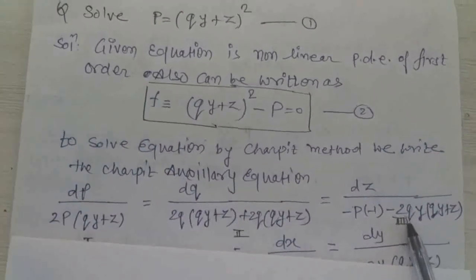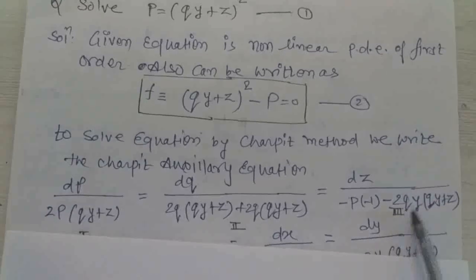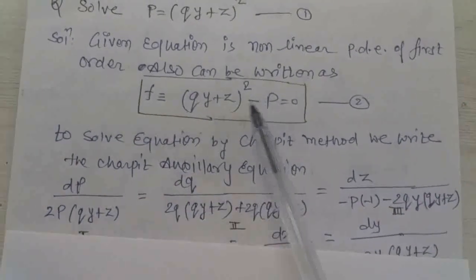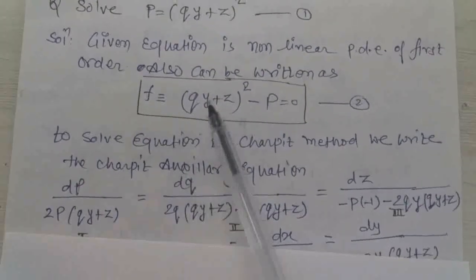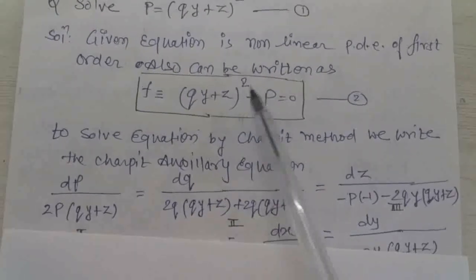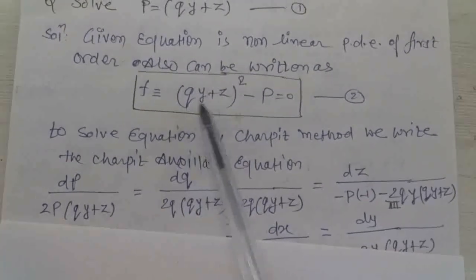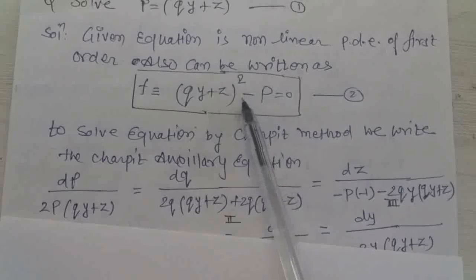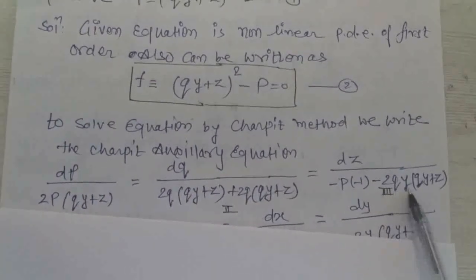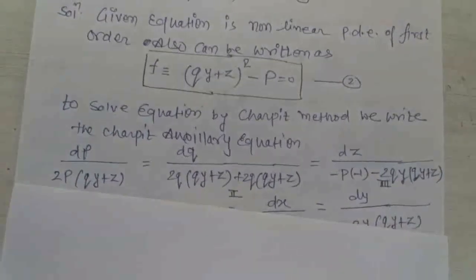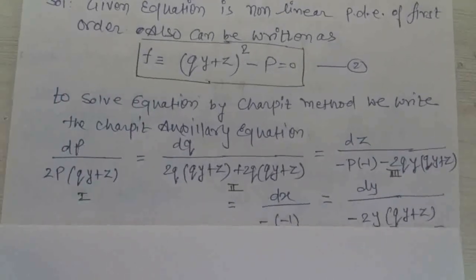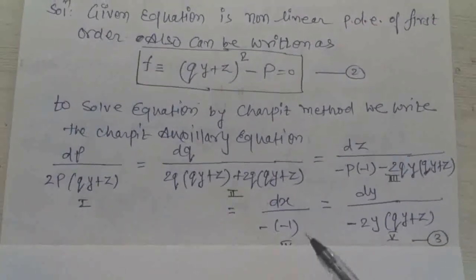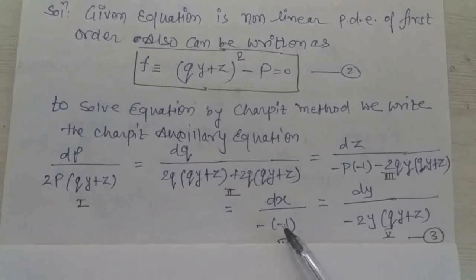Minus q del f by del q, the partial derivative of f with respect to q, we get 2 times qy plus z multiplied by y. So we get 2 qy plus z equal to dx upon minus del f by del p.